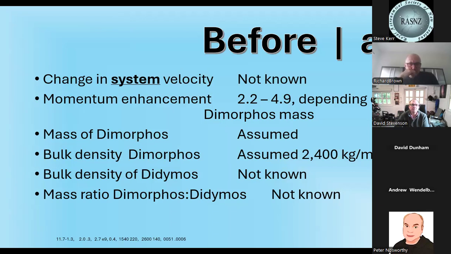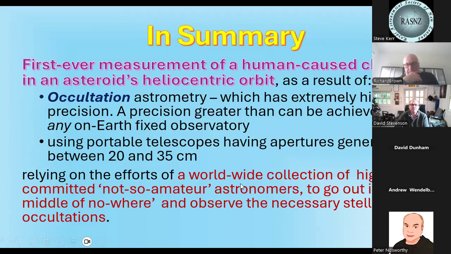The paper is being submitted to Nature Astronomy. It's all done by amateurs, with better precision than you can get by any ground-based telescope, using 20 to 35 centimetre apertures.